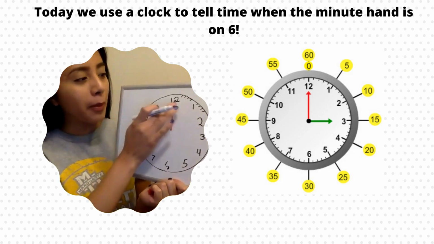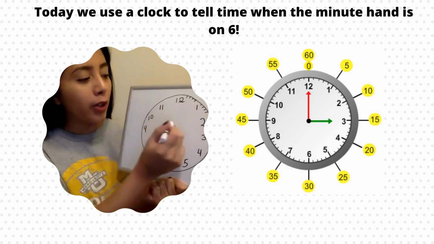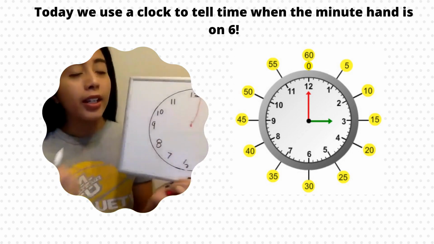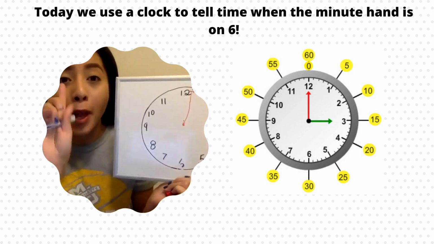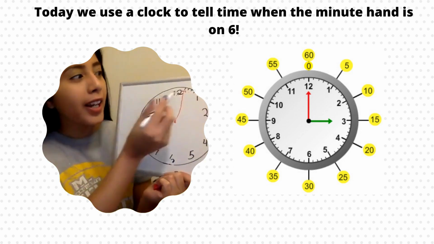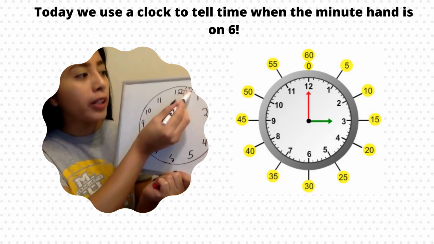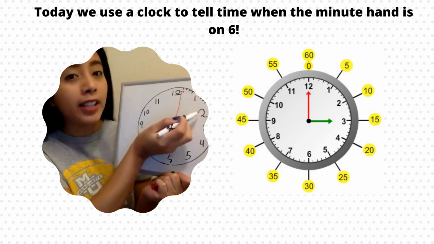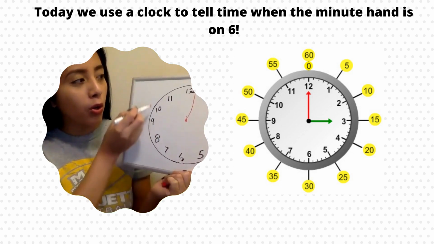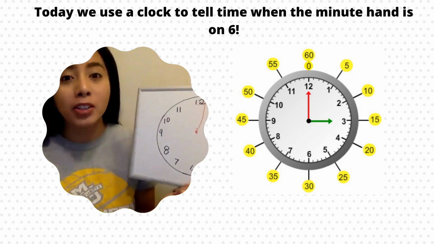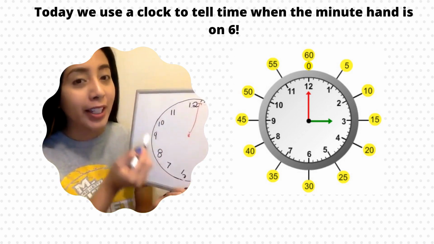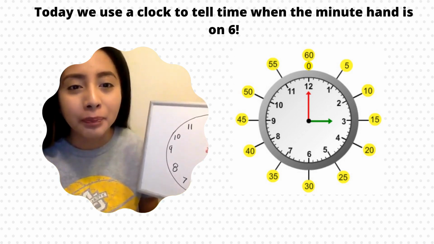For example, if the minute hand were to move to this little mark right here, it tells us that 1 minute has passed. And then 2, 3, 4, 5, 6, 7, 8, 9, 10, until it goes all the way around back to the top for a new hour. So again, 60 minutes in 1 hour.